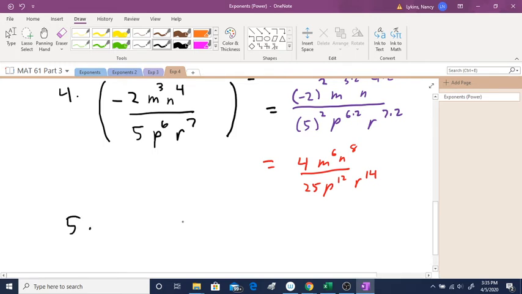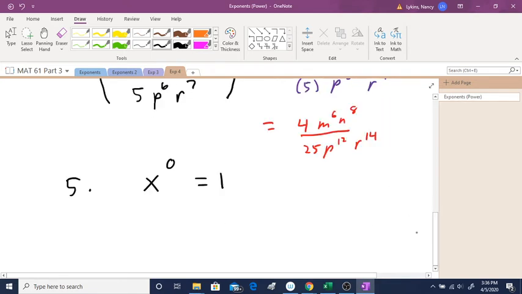Now, one last thing I want to show us is what happens when we have maybe x to the 0, and we say that is equal to 1.